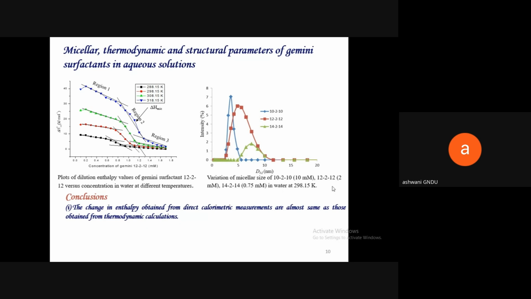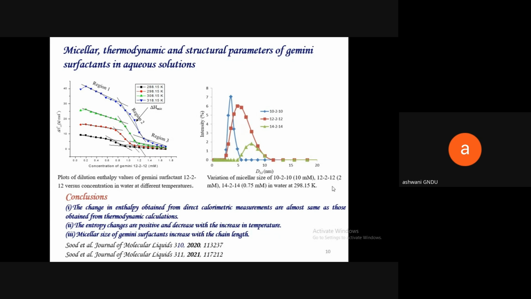The conclusion from these studies is that the change in enthalpy obtained from direct calorimetric methods is the same as that from the thermodynamic calculations. So experimentally determined delta H values are similar to the calculated values. The entropy changes are positive, which decrease with the increase in temperature. The size of the micelle increases with the chain length of the surfactant. These studies have been published in the following journals.